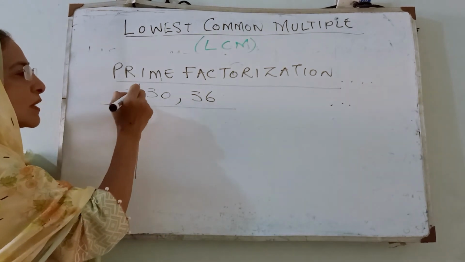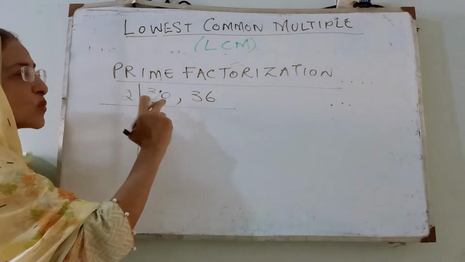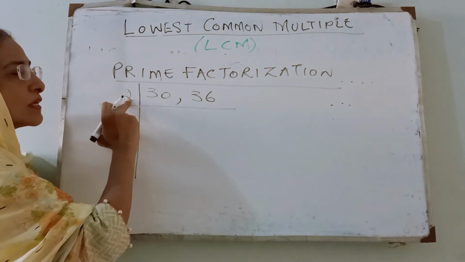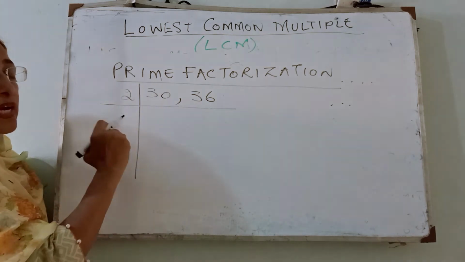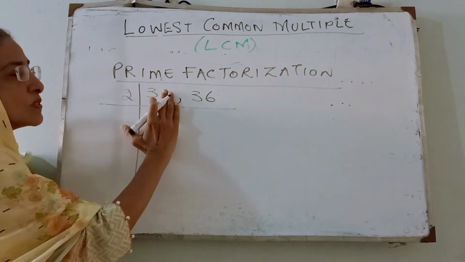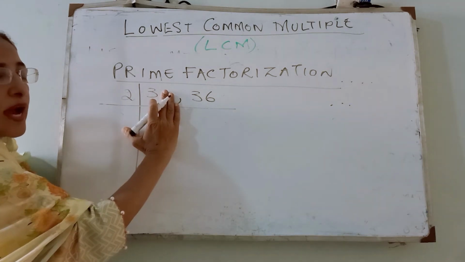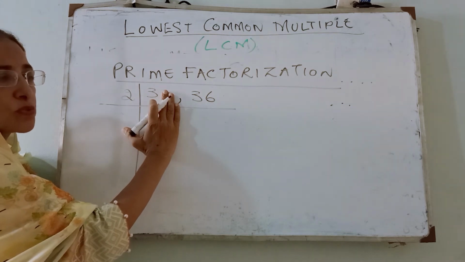I take 2 because it has 0 at the end and it is an even number. So I take 2 in the beginning. When 30 is divided by 2, you mentally divide: take 3, and 2 ones are 2, 2 twos are 4.